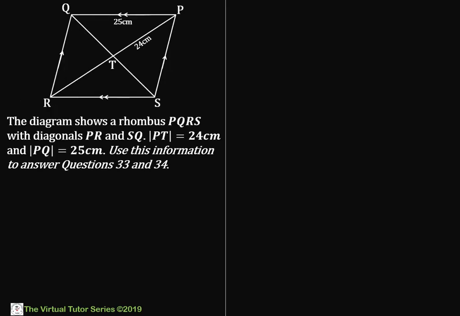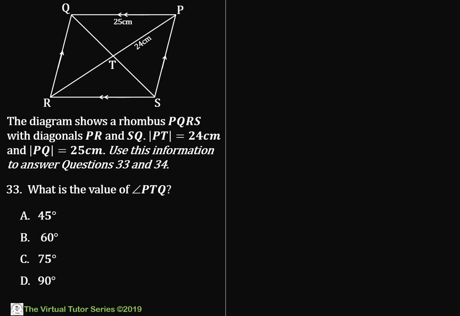The diagram shows a rhombus PQRS with diagonals PR and SQ. The length of PT is equal to 24 centimeters and the length of PQ is equal to 25 centimeters. Use this information to answer questions 33 and 34. Question 33.